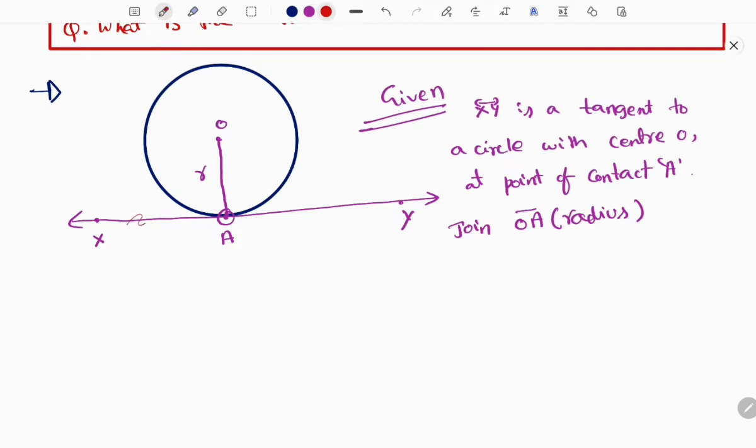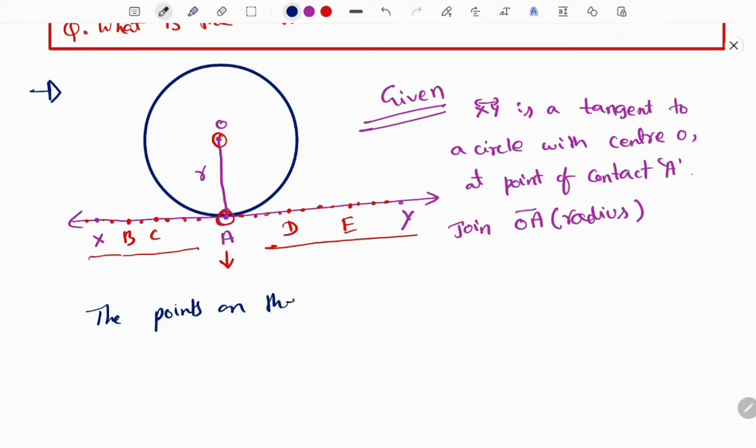Now suppose I take some more points on the tangent, B, C, D, except A. Except A, all the remaining points on the tangent are at more distance from O.